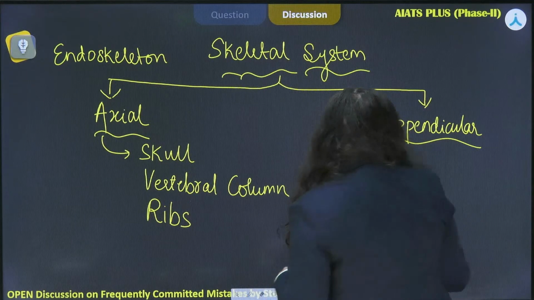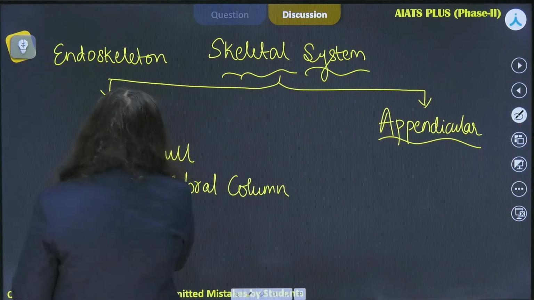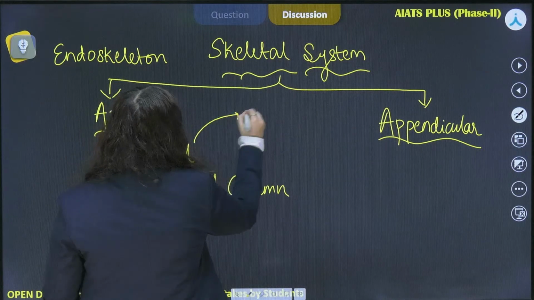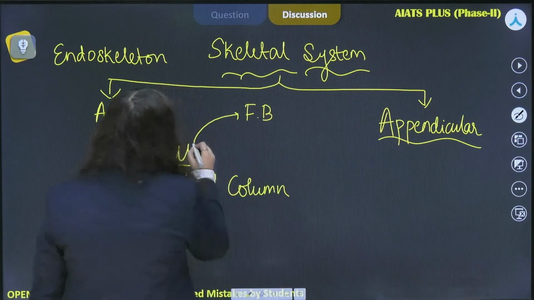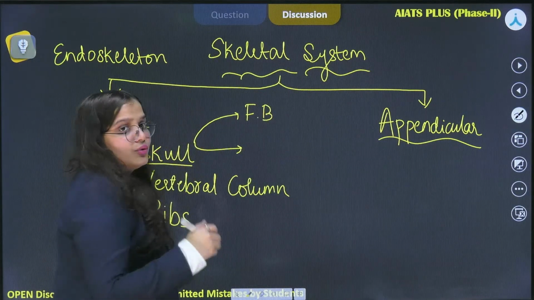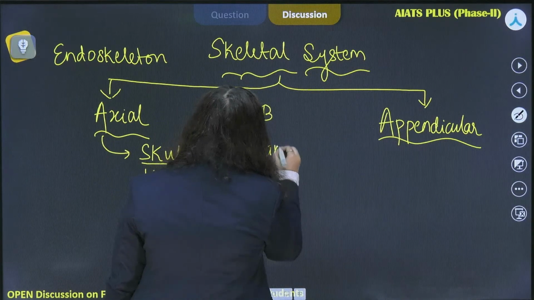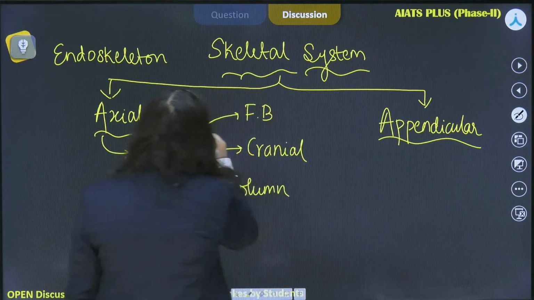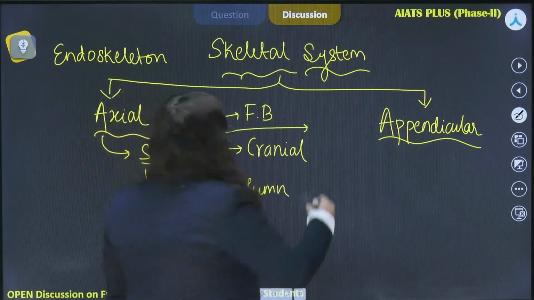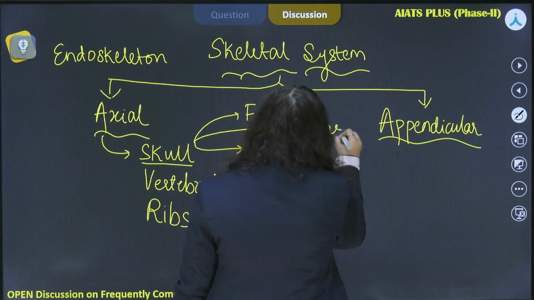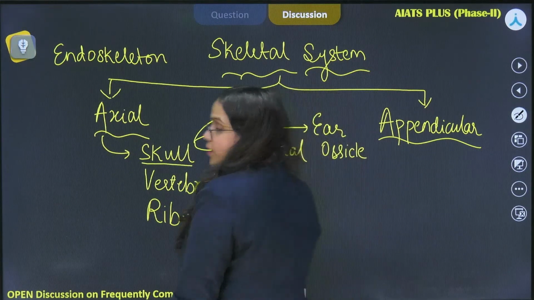And our skull includes the facial bones, the cranial bones, and it also includes our ear ossicles. All right.